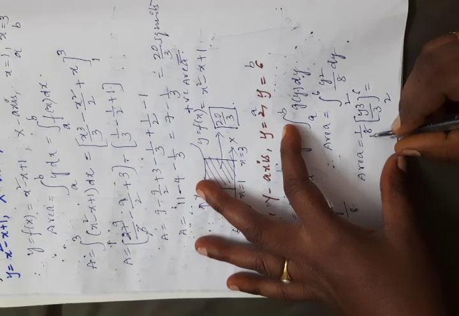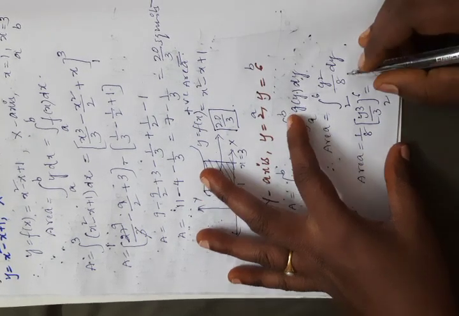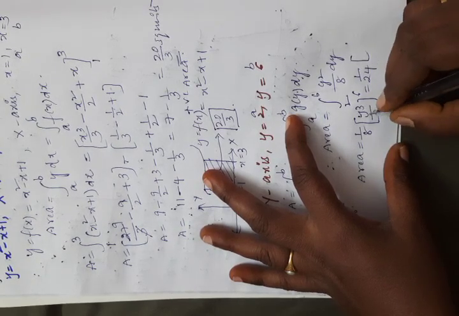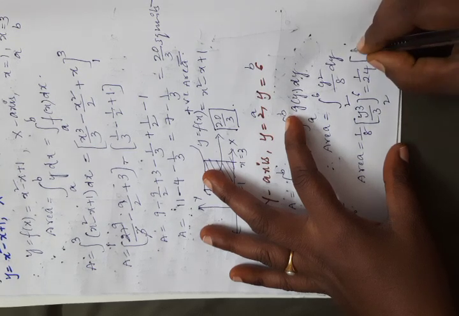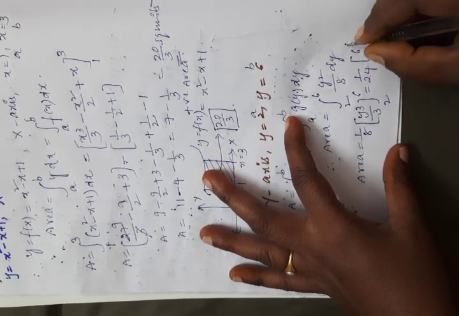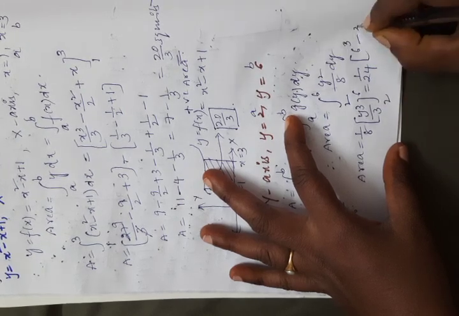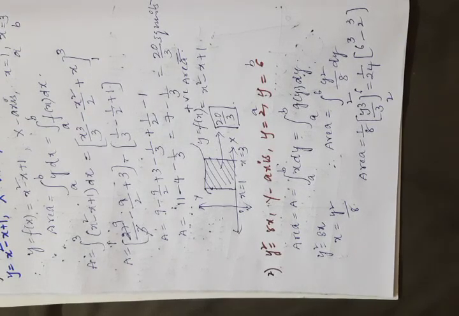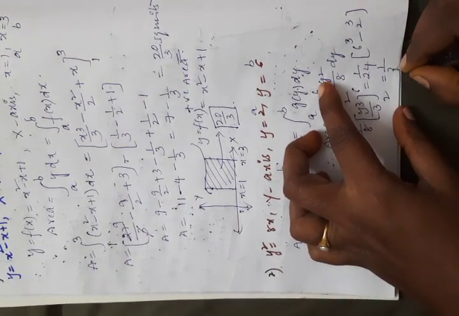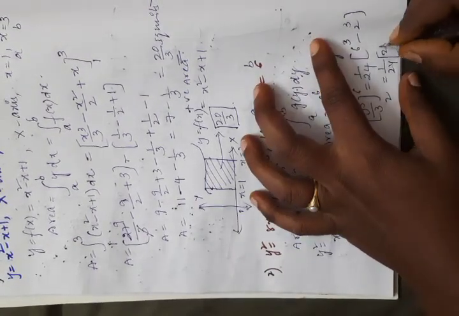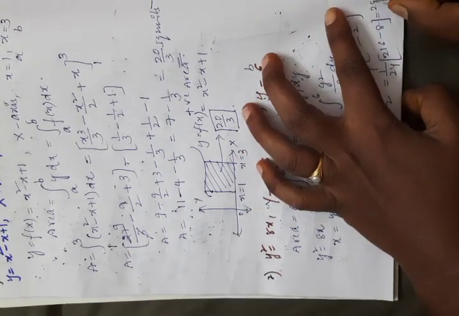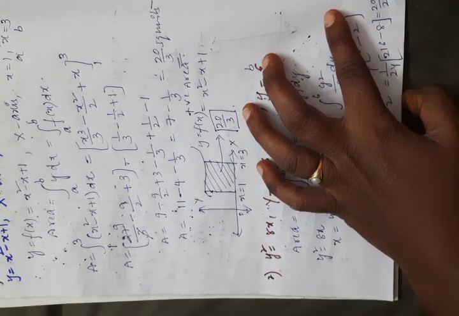So writing 3 and 8 outside, 8 threes are 24. So apply the limits only to y³. Applying 6 gives 6³, minus 2³. Therefore it is equal to 1/24 into 6³ is 216 minus 8, which is equal to 208/24.